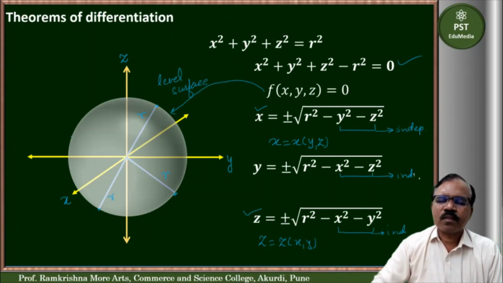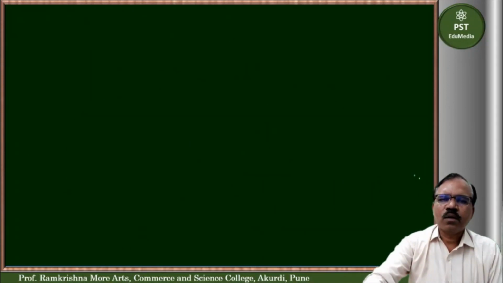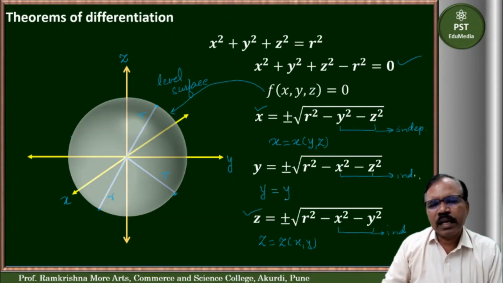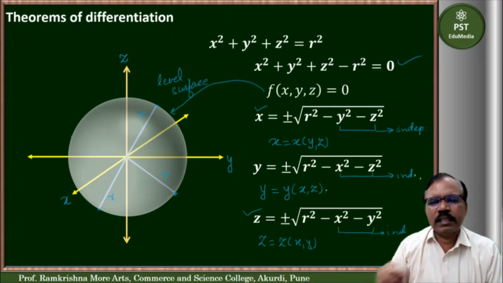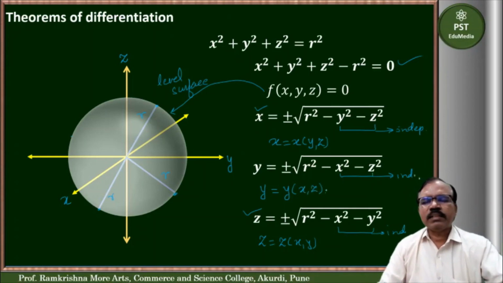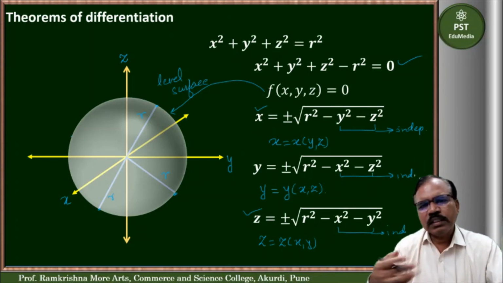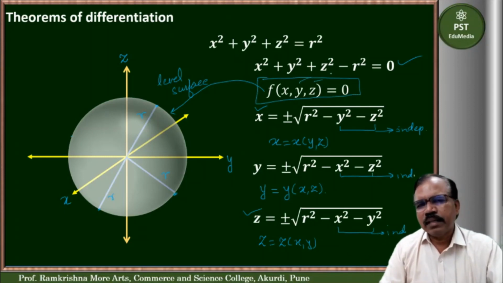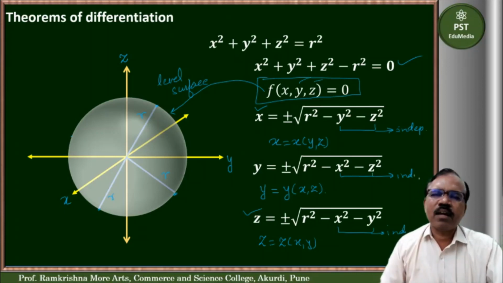Then we can obtain y from x and z, so y is a function of x and z. In this way, for such a function, we can take any two variables as independent variables, and the third variable we can obtain from these two independent variables.